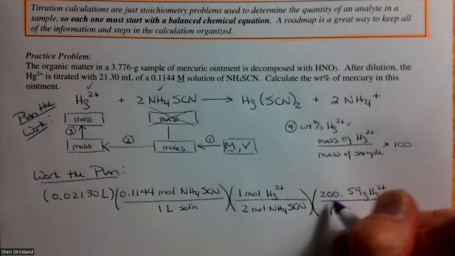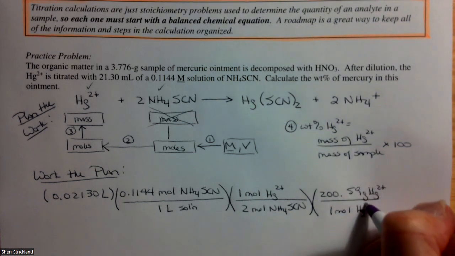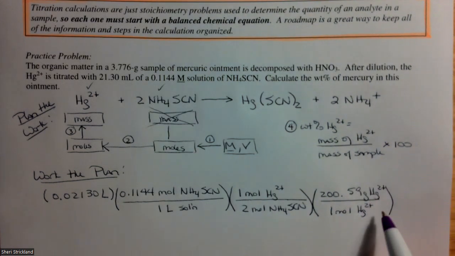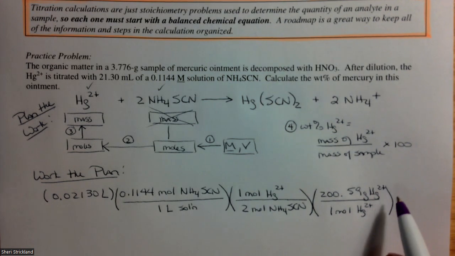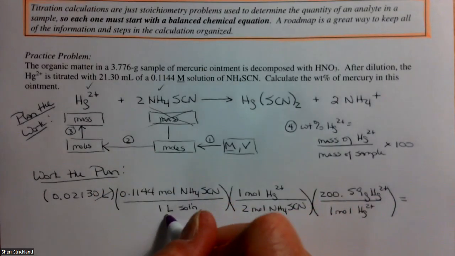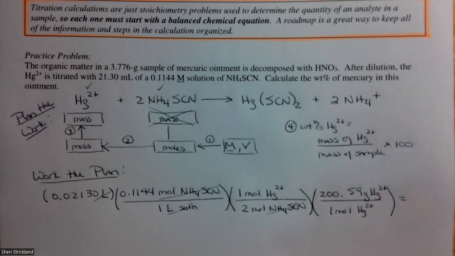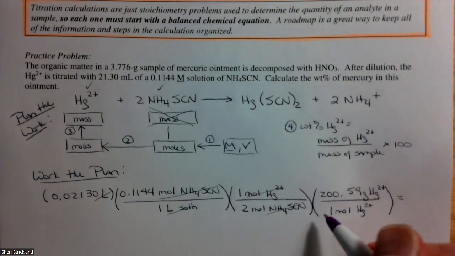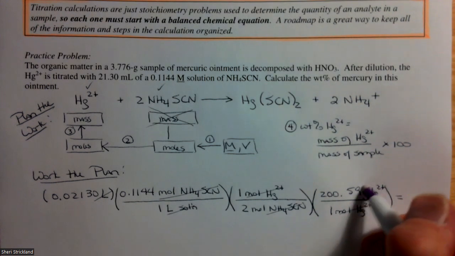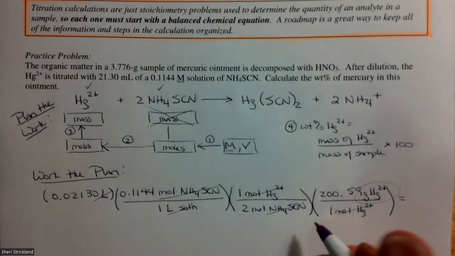This is the molar mass of the mercury element. Why is it that the mercury 2 ion has the same molar mass? Well, this guy is missing 2 electrons, and electrons don't weigh very much. So that's why. All right, so let's make sure our units cancel the way we think. Liters of solution go, moles of ammonium thiocyanate go, moles of the mercury 2 ion go. That will give us the mass of the mercury 2 in grams.